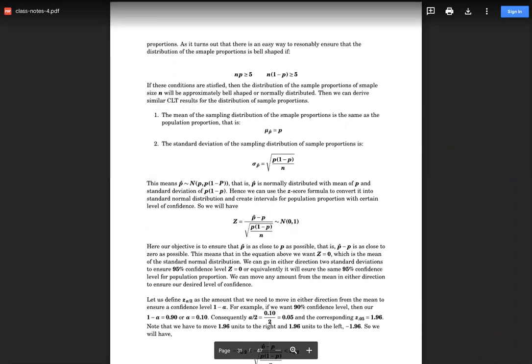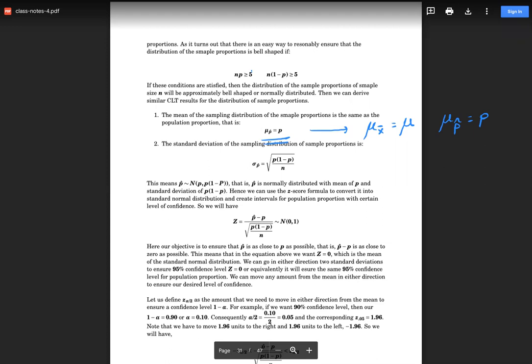One was that mu sub x bar is equal to mu. Similarly, mu sub p hat is equal to p, okay? So that's the corresponding conclusion for proportion. And when does this condition hold true?